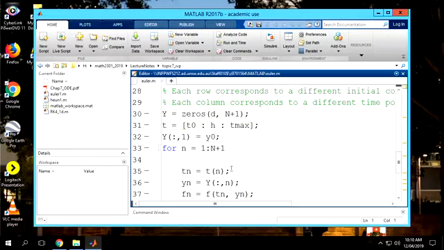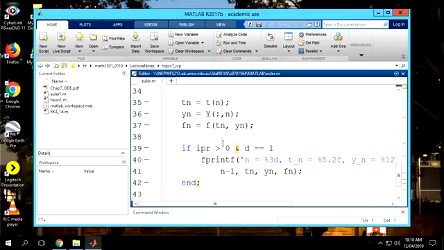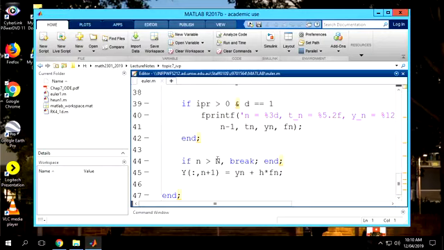Because the initial data can be a vector. First you initialize the first entries. And this one is just the formula of the Euler method.